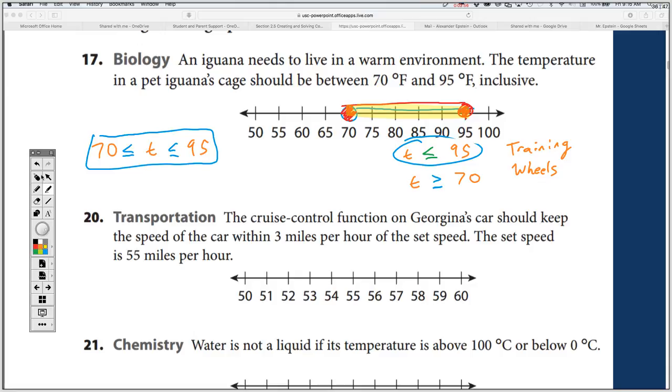Now on exams, they would make it even nicer. They would just pick 70 here, 95 here, and then they would put your bar like this, and that would represent that. So it wouldn't be as colorful, it would just look like that. Any questions?